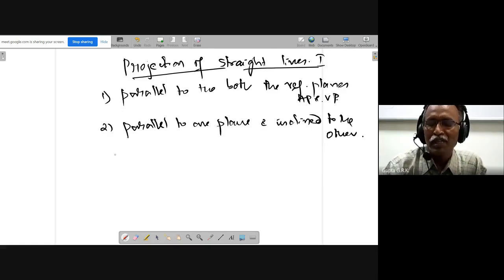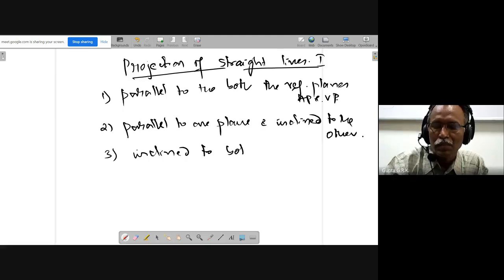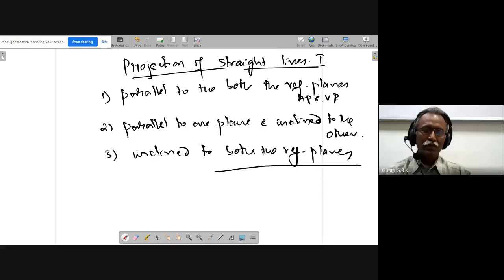Okay, perpendicular and inclined means the same actually. If the inclination is 90 degrees, it becomes perpendicular to the other plane. Okay. And the third one is inclined to both the reference planes. Okay, this is the way we classify them.